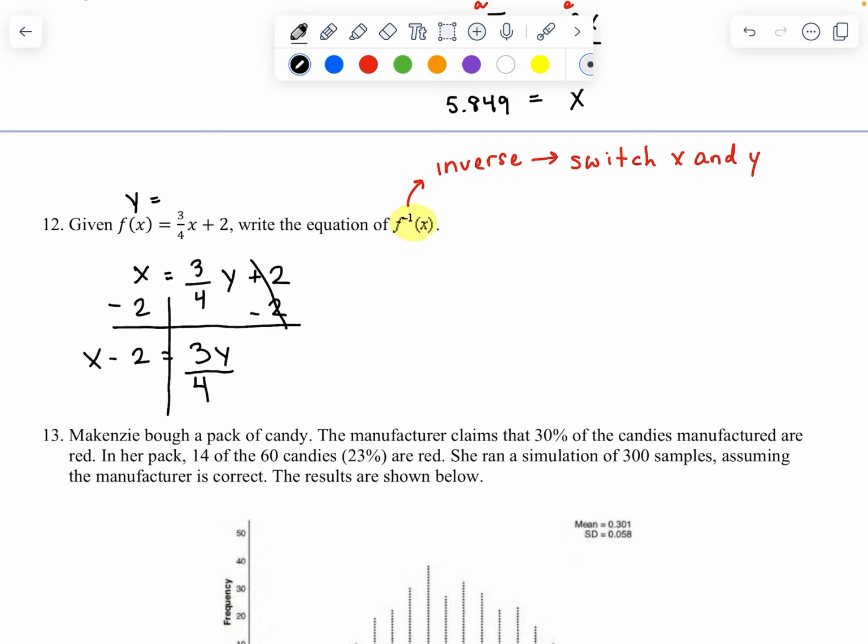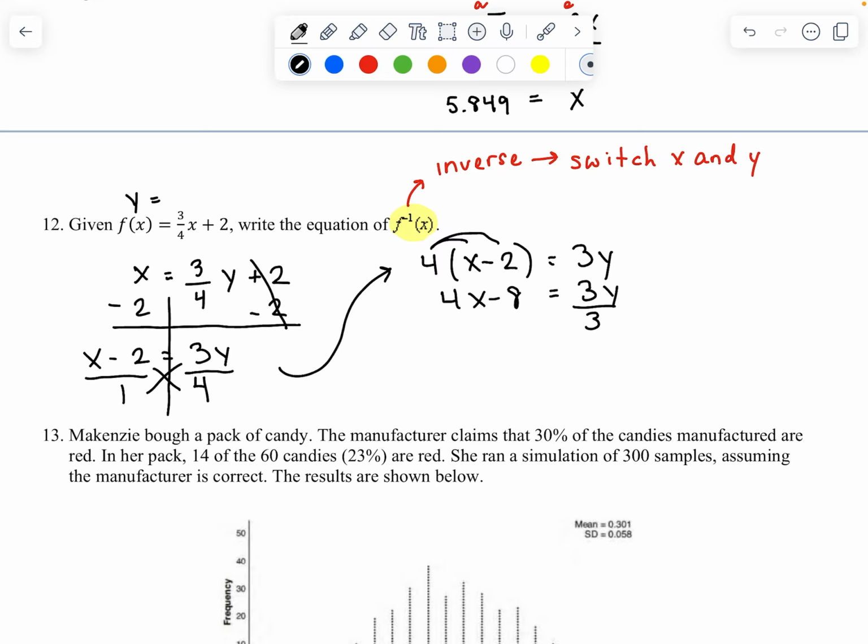And technically, this is divided by 4. So the opposite of divided by 4 is to multiply by 4. Okay, now you can totally leave this like this, but usually they will actually do the multiplication.